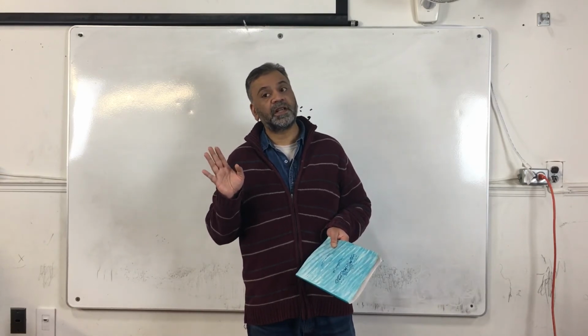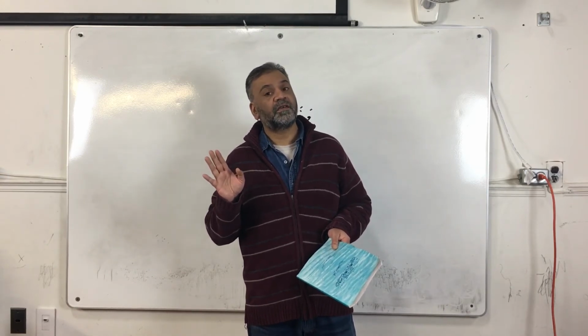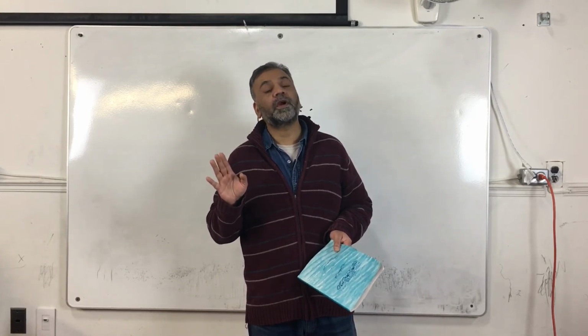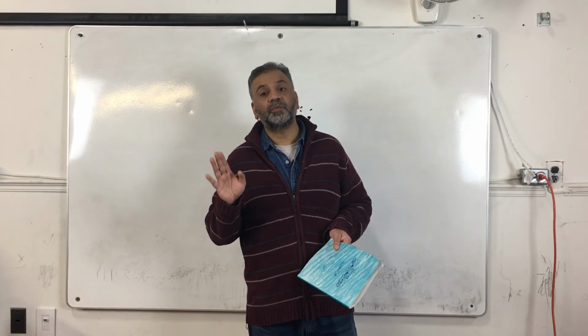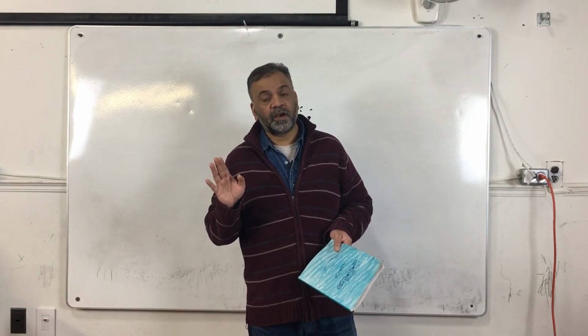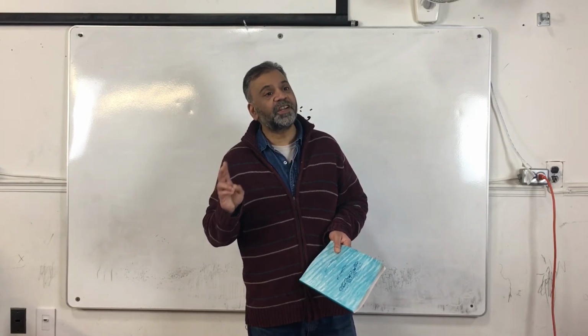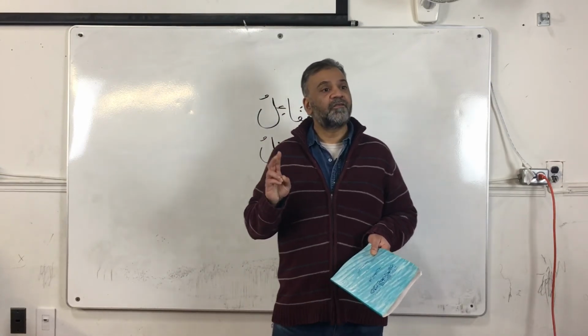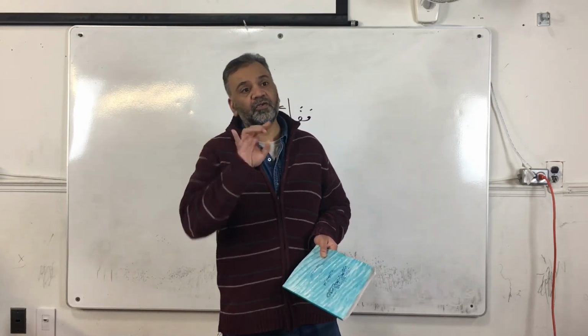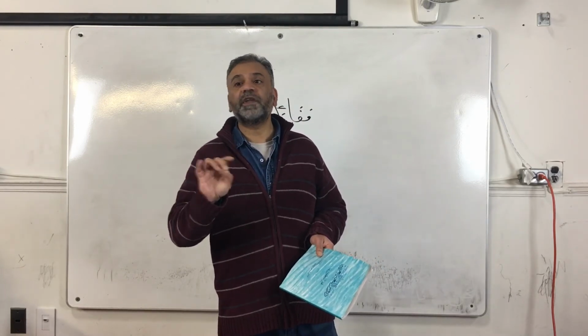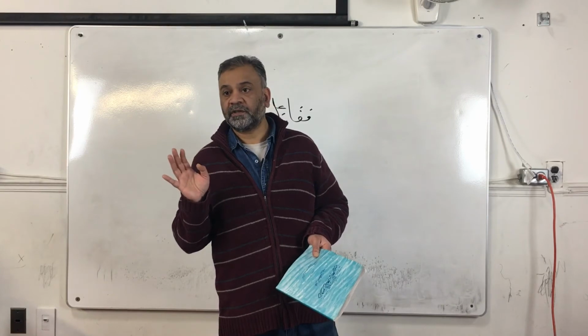Kharaja, he left. Is this a jumla, a sentence? Yes. What kind of jumla is this? Jumla failure. What are the two most important ingredients of jumla failure? Fail, the action, and the file, the doer of the action. Without the action and the doer of the action, jumla failure cannot be complete, right?